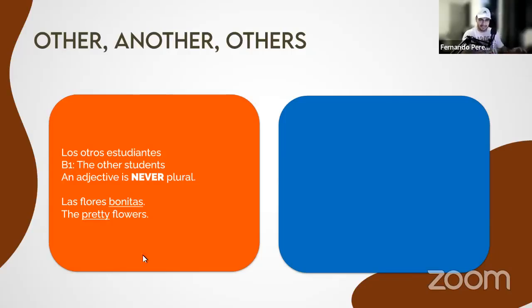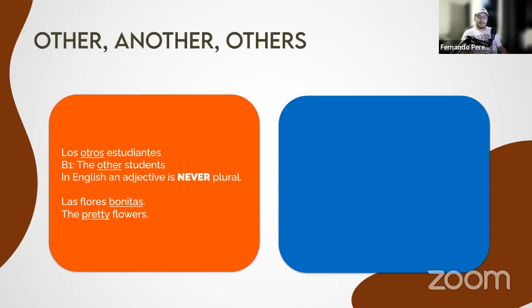So it's the same logic as the word otros, that is plural in Spanish, but in English, an adjective cannot. In English, an adjective is never plural.